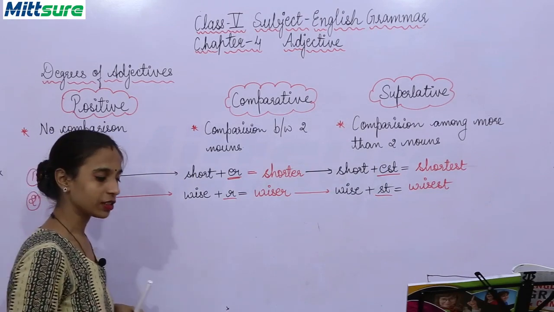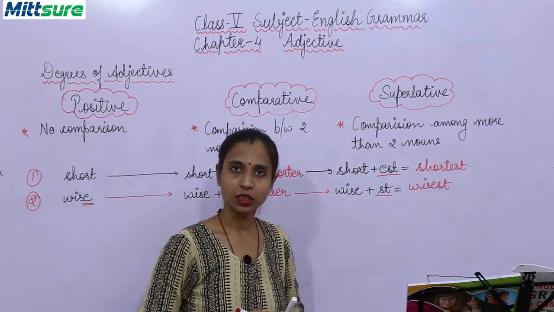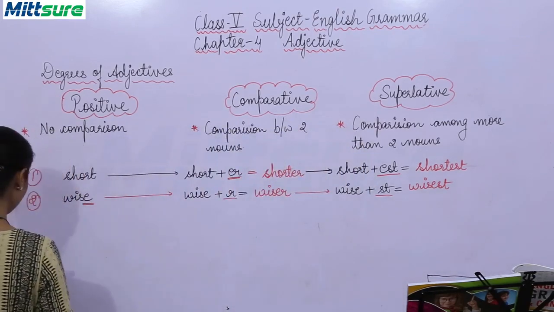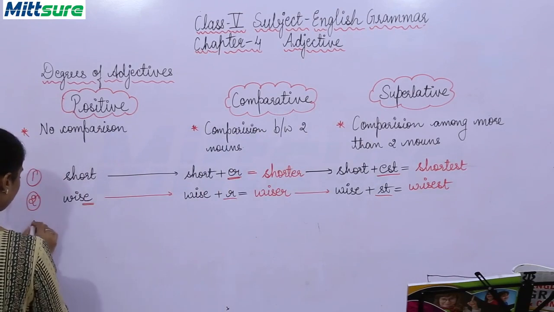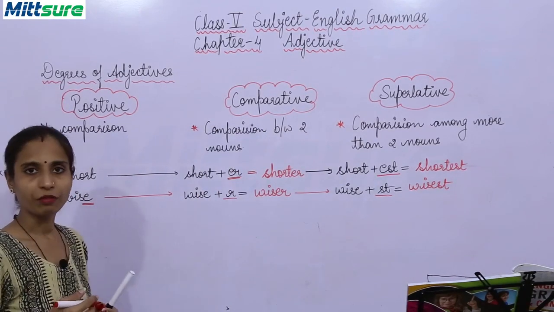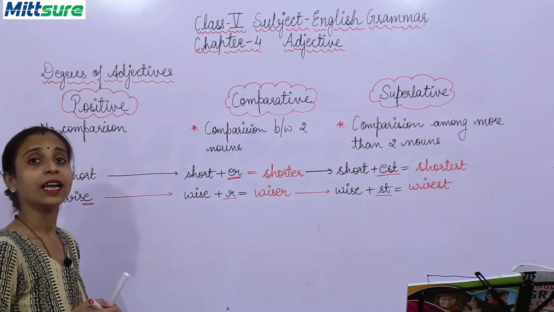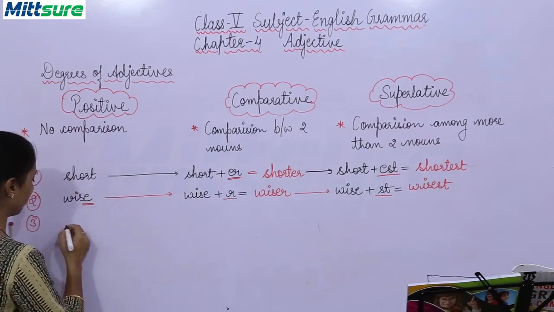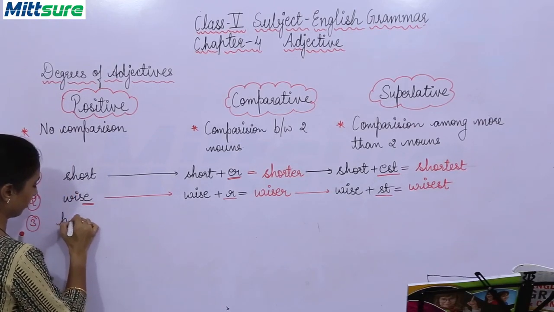Now, let us come to the third rule. The third rule says: when the word ends with y, for example, happy.